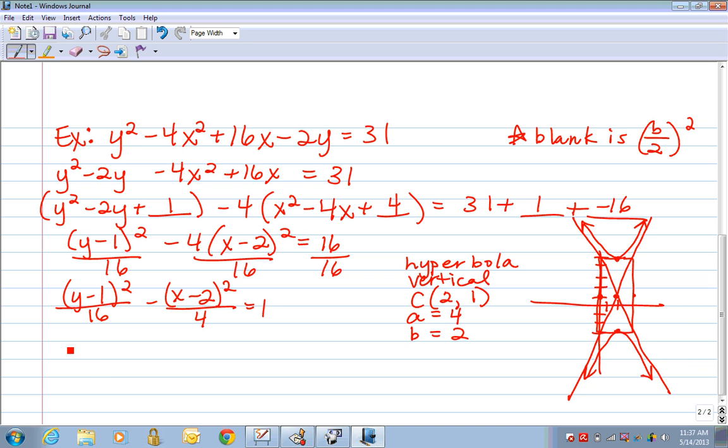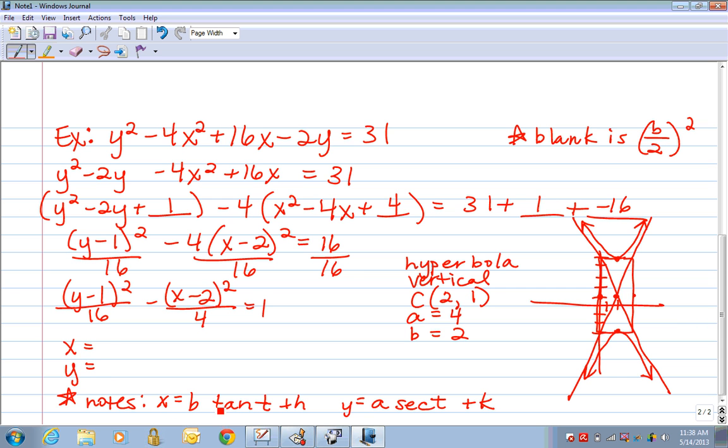Now we have to write the parametric. So x equals, y equals. Again, from the notes, I'm going to refer and look for a vertical hyperbola. It says x equals b tangent t plus h, and y equals a secant t plus k. So by taking my information, I'm going to plug into that equation for the parametric.